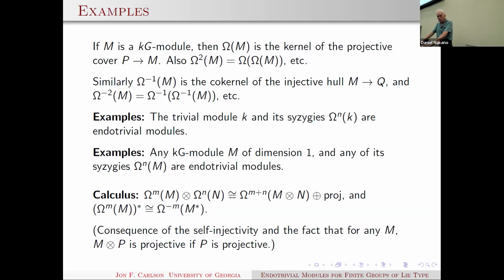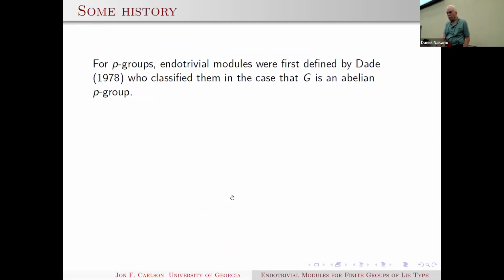And at the same time, if you take the dual, then you take the negative of the exponent. So the fact that these are endotrivial modules is a consequence of these properties of the omega operator.